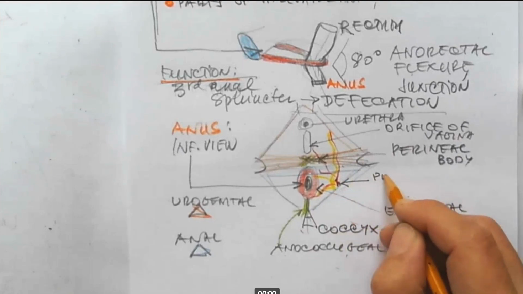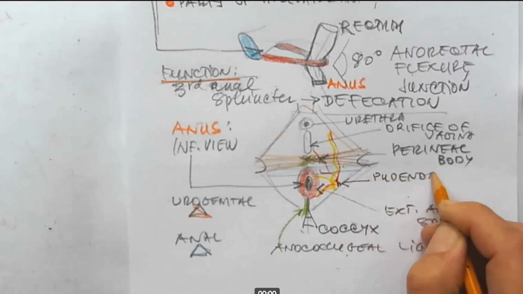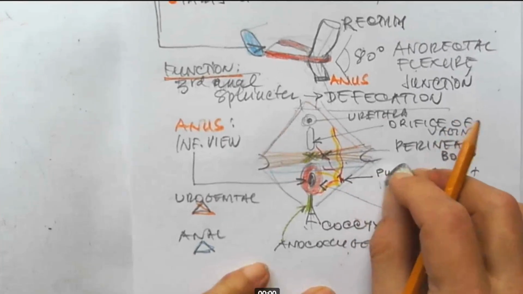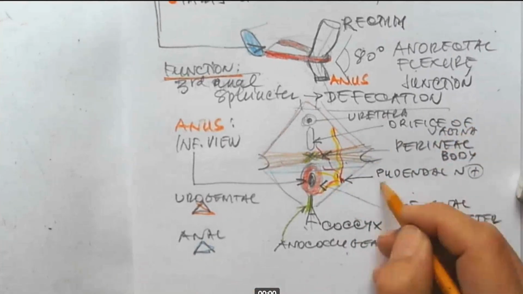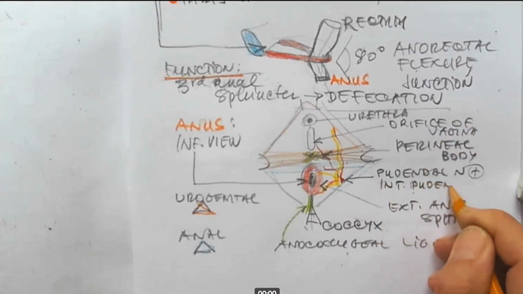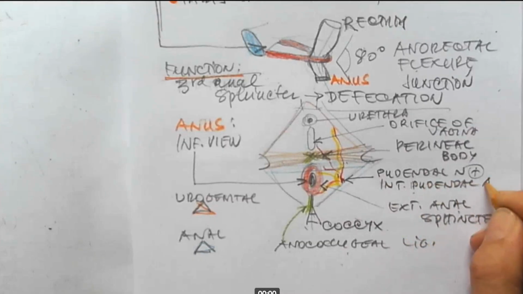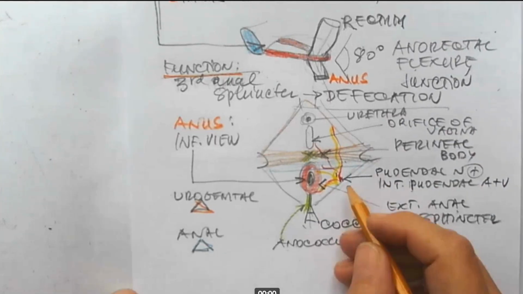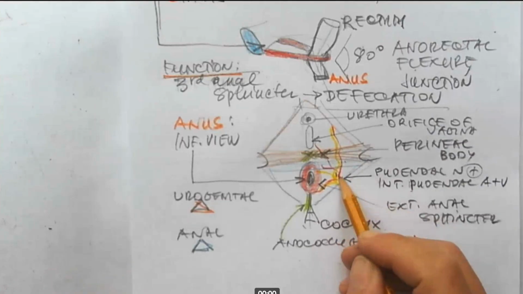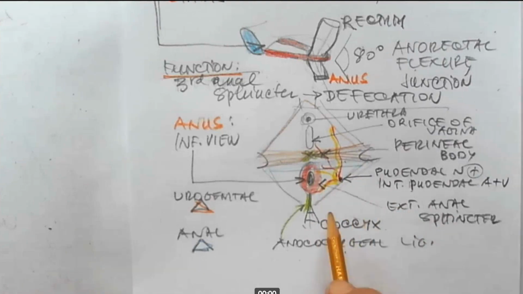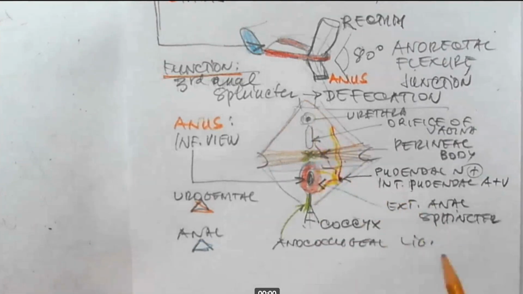So this is the pudendal nerve, plus the internal pudendal artery plus vein. After that we will draw one last diagram in which we will see the position of the structures. This is the point where we see that the pudendal nerve innervates the rectum, the perineum, and also the external genitalia.